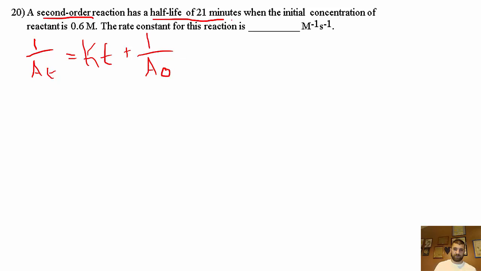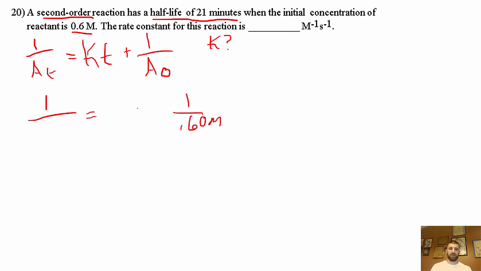It tells us the half-life of 21 minutes. All right, well, and they want the K. They're trying to solve for K. Well, they already gave us a lot of information, didn't they? Right, so we know that if we started with 0.6 molar, well, that's our A0. So it's 1 over 0.60, right, molar.